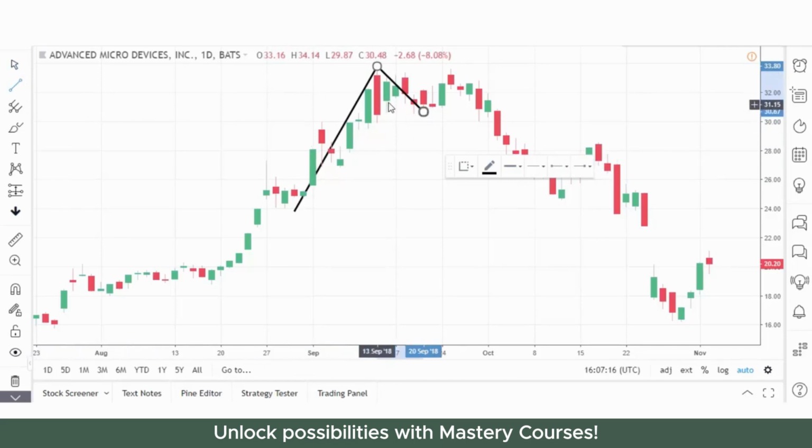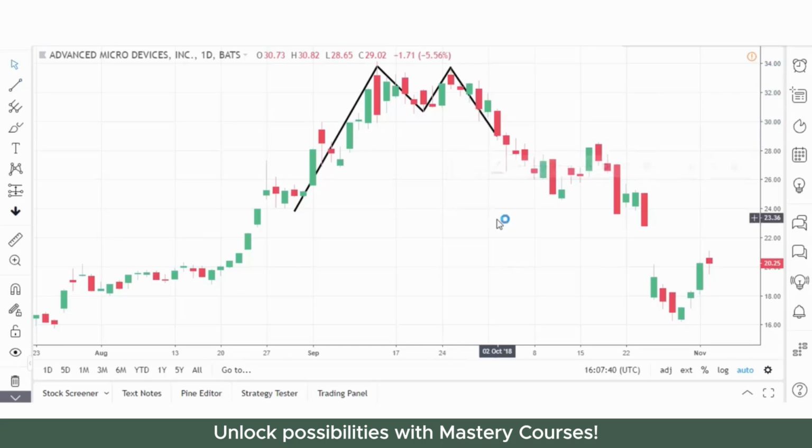And then another attempt to go through a resistance level, the high that has been set by the stock previously, and then a move down in the stock as it breaks through this level right around 31. That's the point where we want to go short the stock. So you can see we have the M pattern.